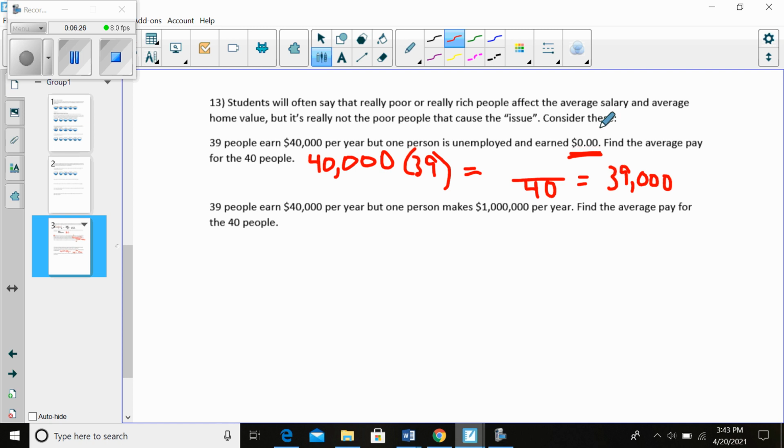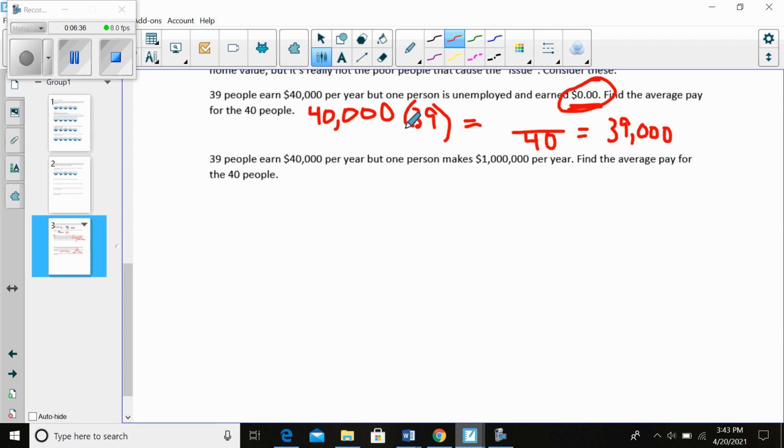Right? This is an extreme value, but it's not really that different than the 40,000. Okay, but then look what happens with the million. Okay, so take this exact same number that I got up there and add 1 million to it. Okay, so I do this plus the million.